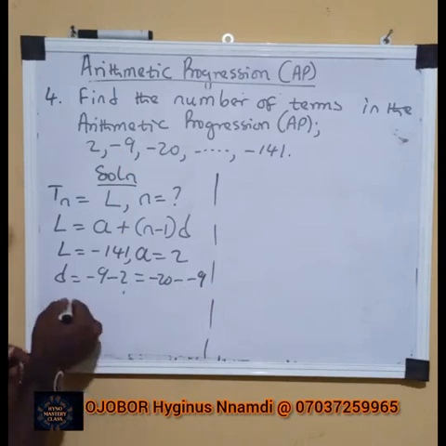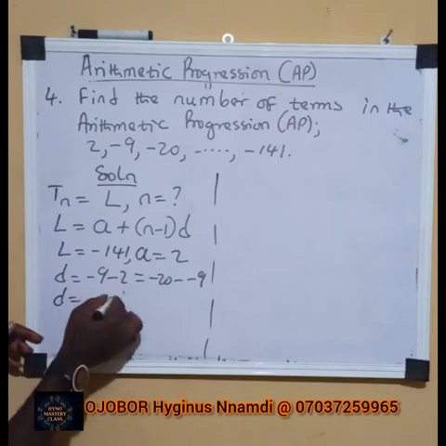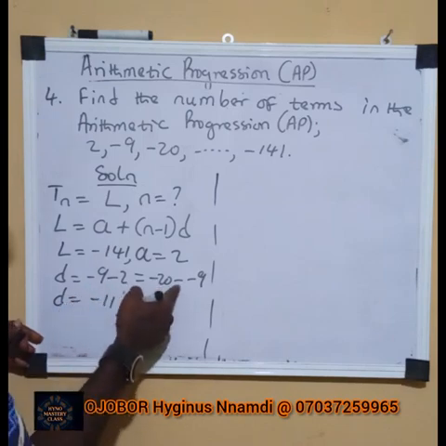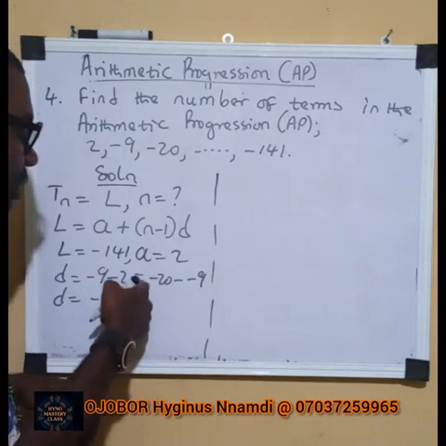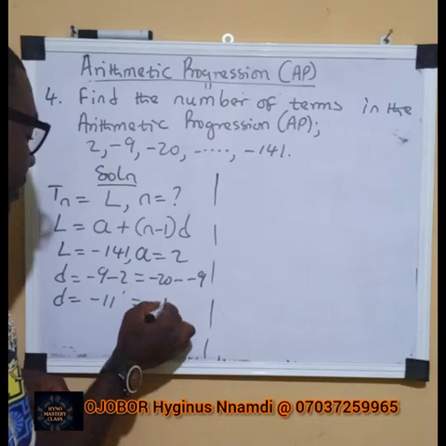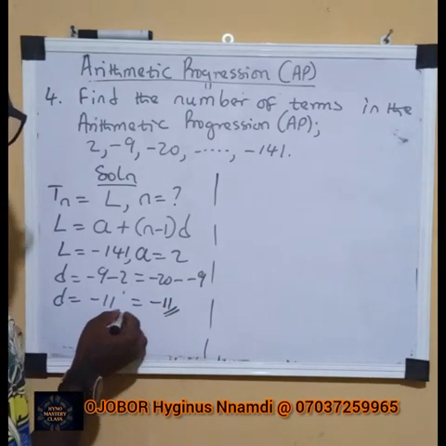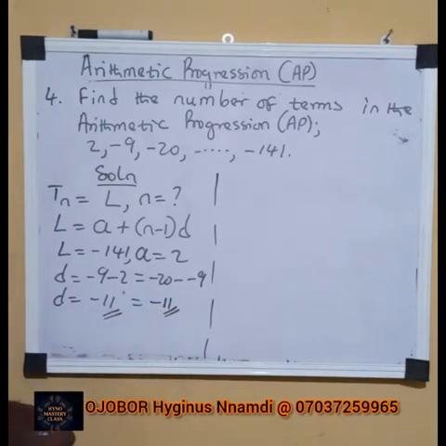Let's see what this is going to give us. -9 minus 2 is -11. -20 minus a minus is plus. So -20 plus 9 will give us -11. So the common difference of this sequence is -11.